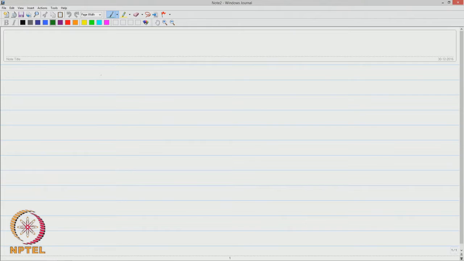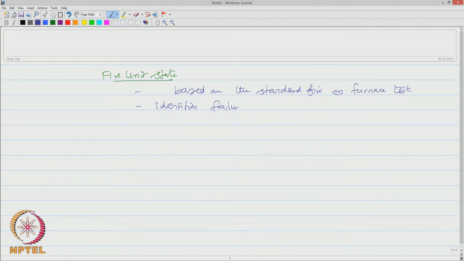So, as a continuation, we know that the fire limit state is based on the standard fire or a furnace test. So, this actually identifies different failure scenarios or failure criteria.